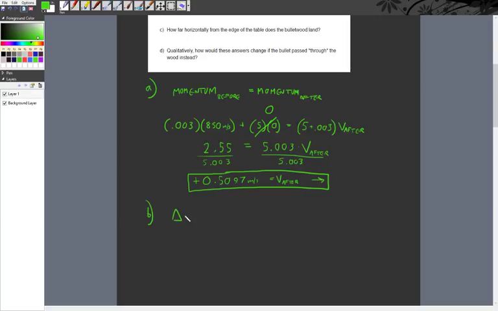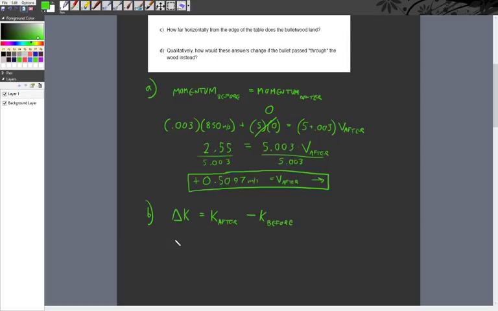The change of any variable is just the final minus the initial. So here we have the kinetic energy after the collision minus the kinetic energy before the collision.